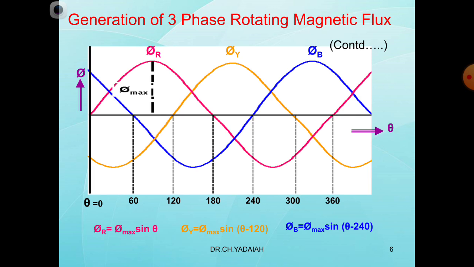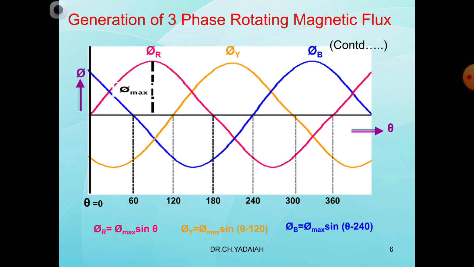After that it goes on decreasing towards 180 degrees. Once again the direction changes and it goes on increasing up to the maximum at 270 and decreasing to 360. So this sinusoidal variation changes the flux. The current changes, and similarly the flux also moves in the same manner.